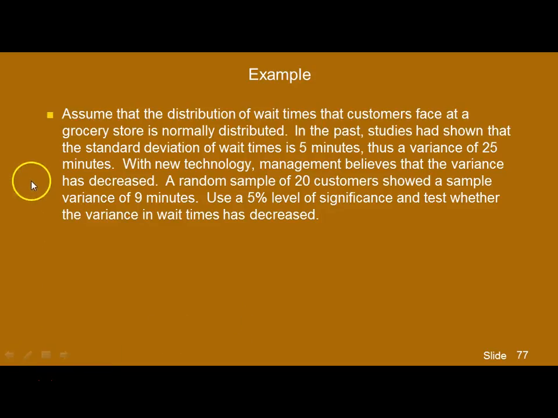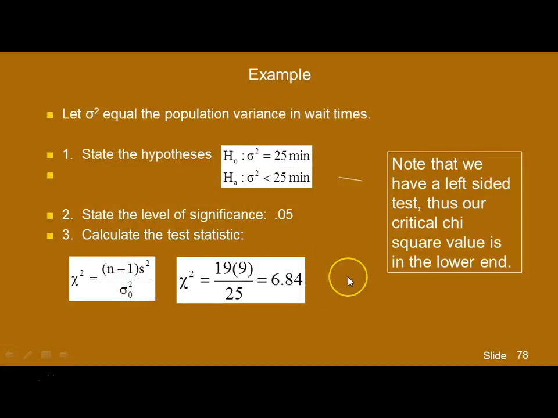Once again, we have to read the problem carefully to get our hypotheses. The variance was 25 minutes in the past, and now we want to know, has it decreased? Well, that tells us right away that we have a one-sided test, and it's going to be a left-tailed test. The null hypothesis is going to be the way things were in the past. The variance was 25 minutes.